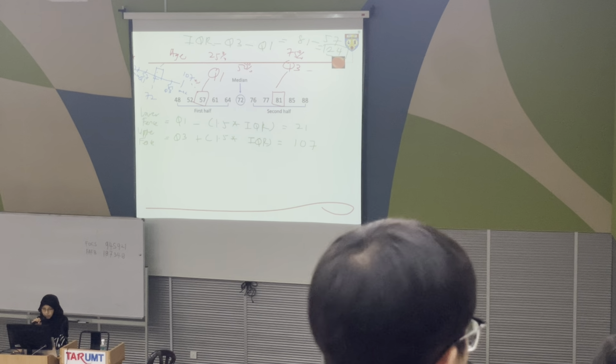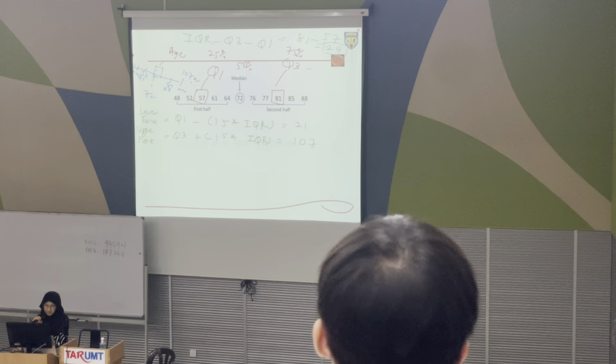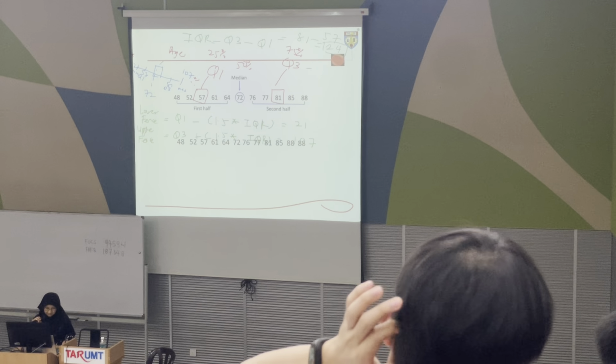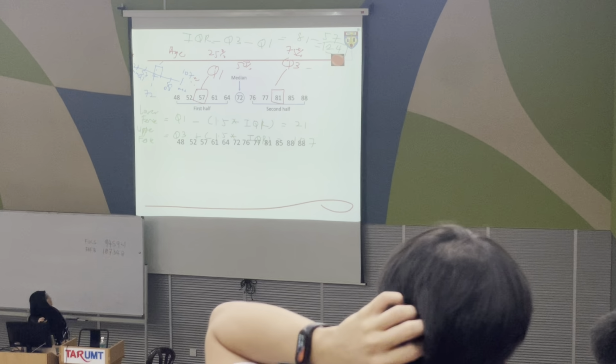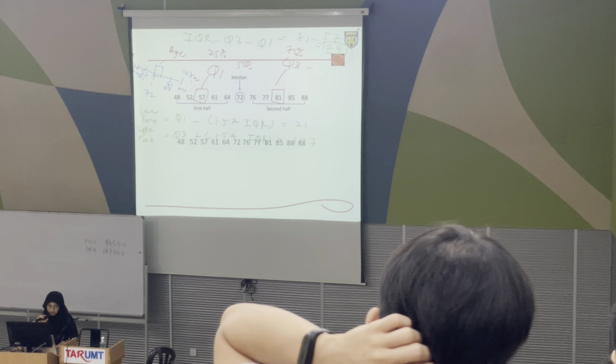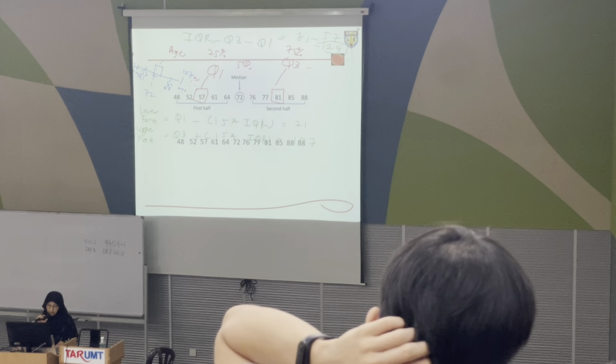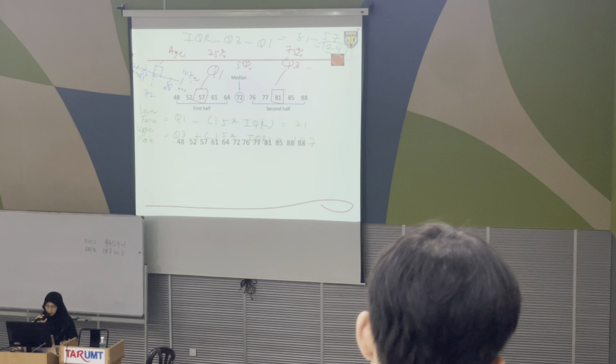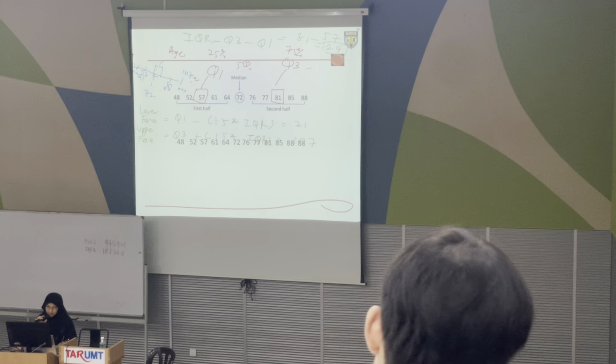So what if we have an even number of data points? For example, you see 1, 2, 3, 4, 5, 6, 7, 8, 9, 10, 11, 12 data points. So how to identify the median?